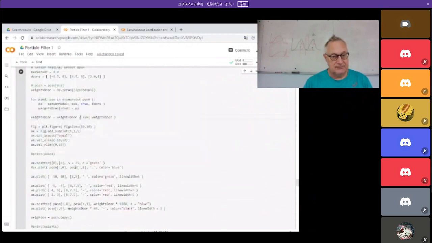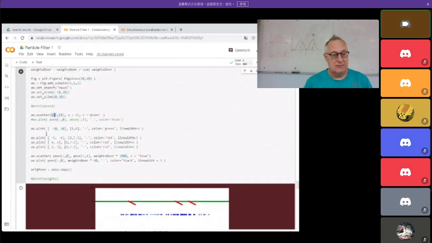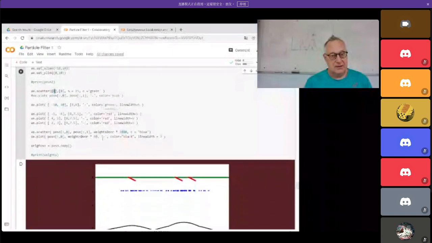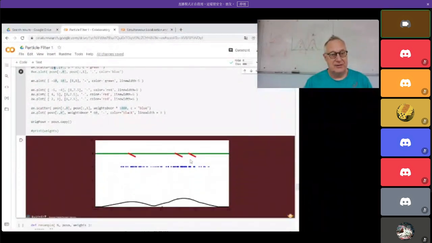So my start location at 0, 0, and then the outline, so the wall from -10 to 10 at height 8, and the doors, 3 doors that I plot in there, and then I plot the positions.